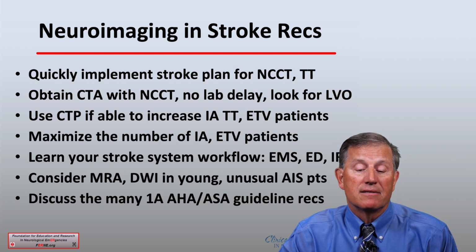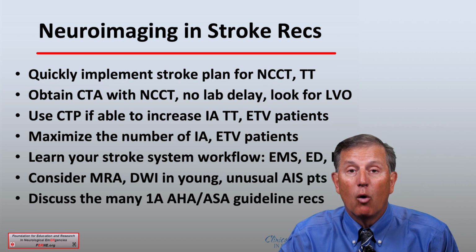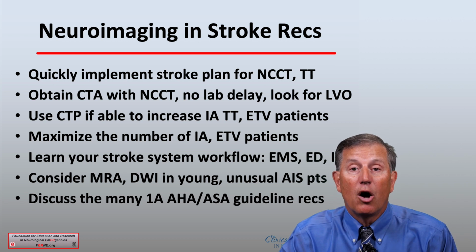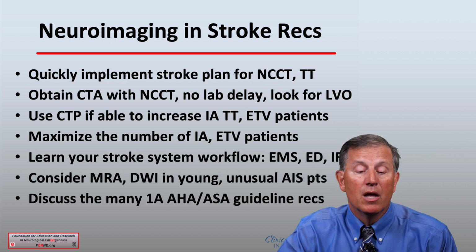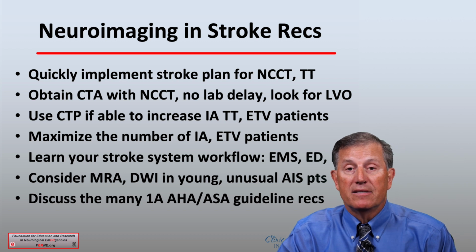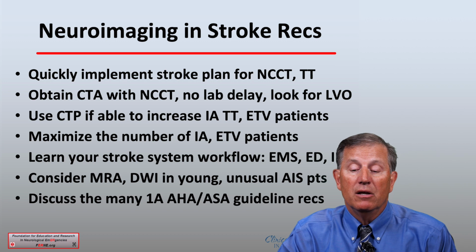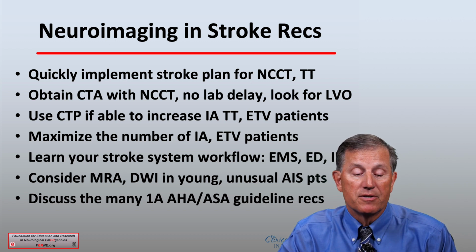This will maximize the number of patients who receive those additional therapies, knowing that the percentage now is quite low and we can grow the number who can have good outcomes as a result of these additional therapies between 6 and 24 hours. You should learn your stroke system workflow, including EMS, what happens in the emergency department, and those intravascular radiology therapies that are provided by neuroradiology experts.